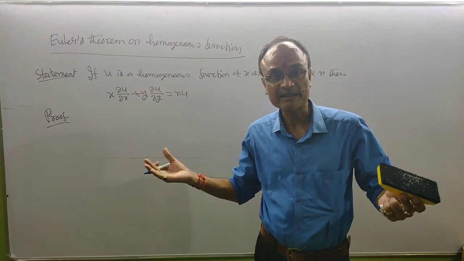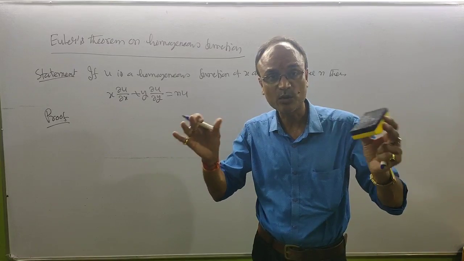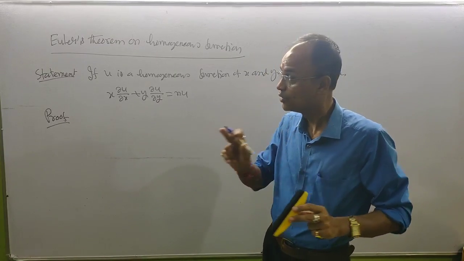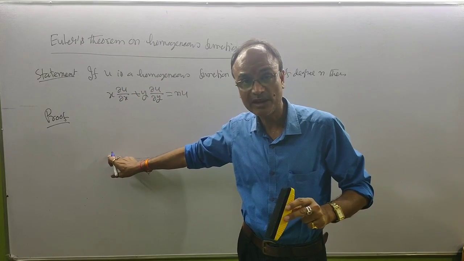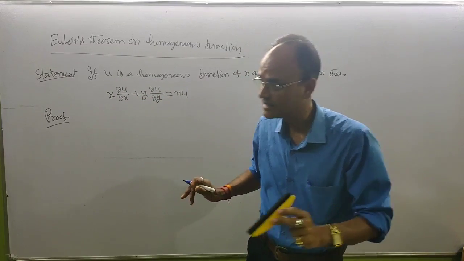You are given that u is a homogeneous function of x and y of degree n. Therefore, we may write u equal to x to the power n, a function of y by x.